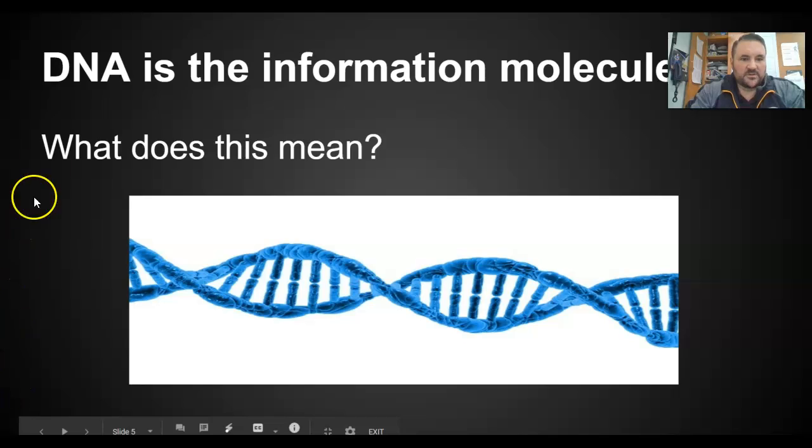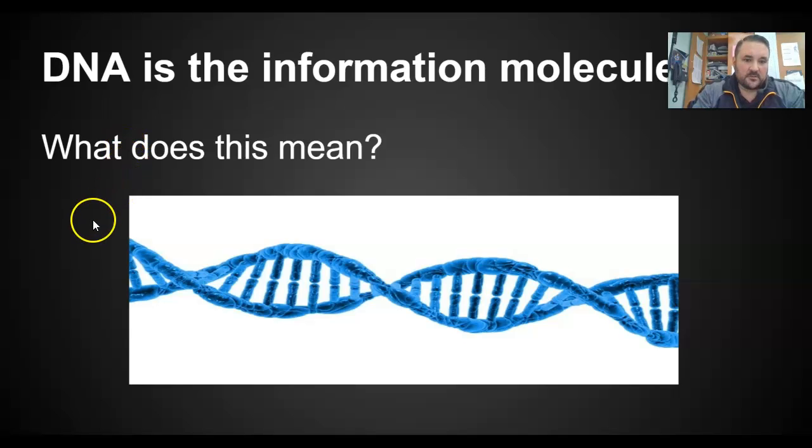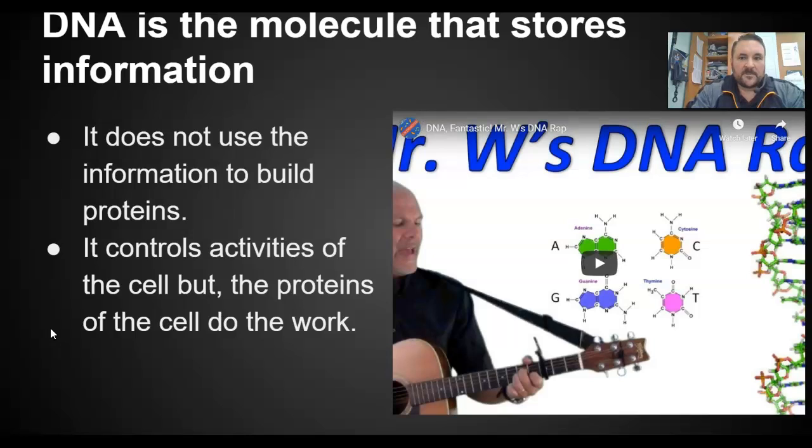So the opening question here, DNA is the information molecule. What does it mean to be the information molecule? Basically, DNA is the code, the information like a computer uses to run. It's what all life runs on. This code in these bases tells every living thing what to do and how to do it. DNA is a molecule, it stores information.